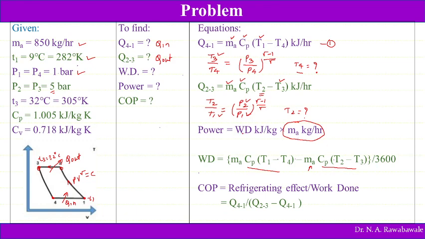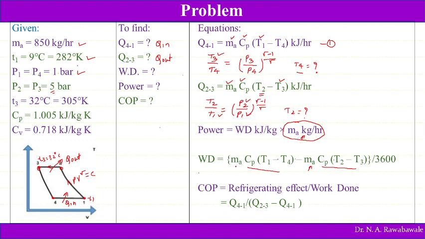So work done, power is equal to work done in kilojoules per kg into mass flow rate in kg per hour or kg per second. If we get that then we will get power in kilojoules per second. But here MA is there. If MA is present, then we need not multiply it by MA.